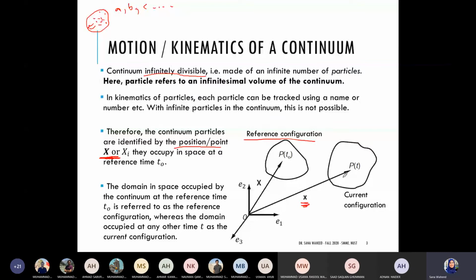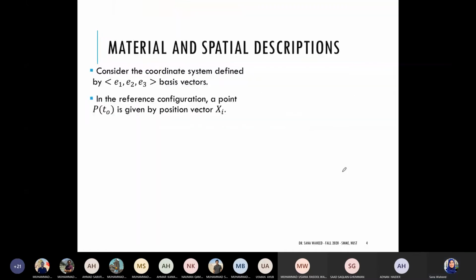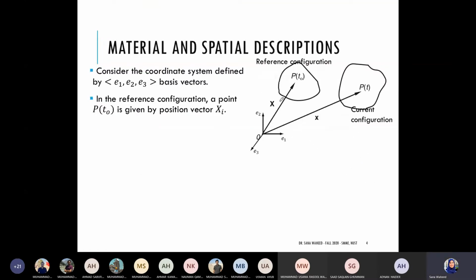Okay, so as I've already said, I'm going to use capital X to identify my positions in the reference configuration and small x to identify my positions in the current configuration. Now let's start coming to this.